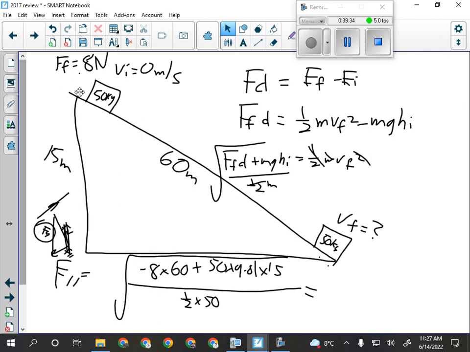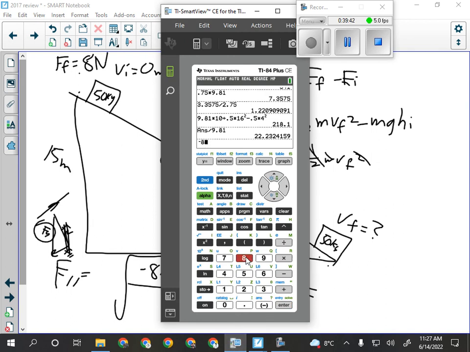Because the work is negative, I have negative 8 times 60 plus 50 times 9.81 times 15, divided by 25.